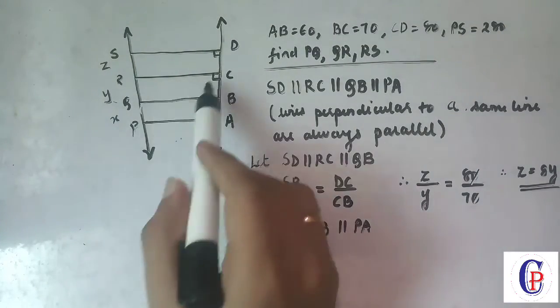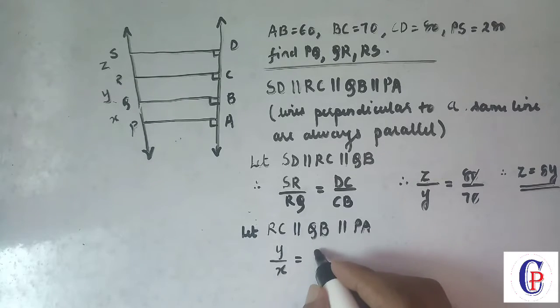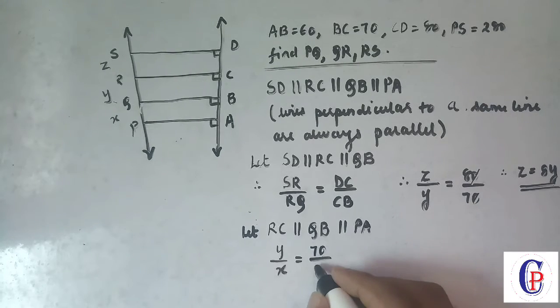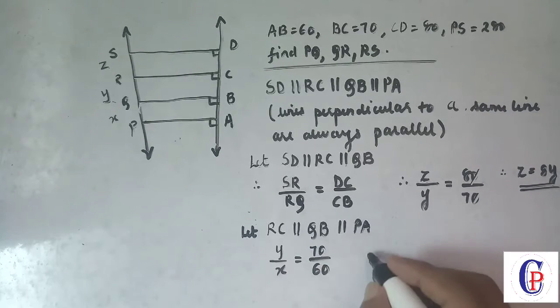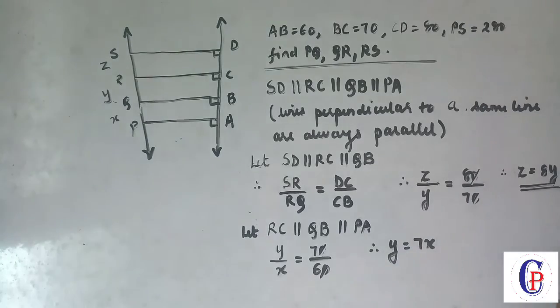So from RC, QB and PA we get Y upon X is equal to BC upon BA. BC is 70 and BA is 60.